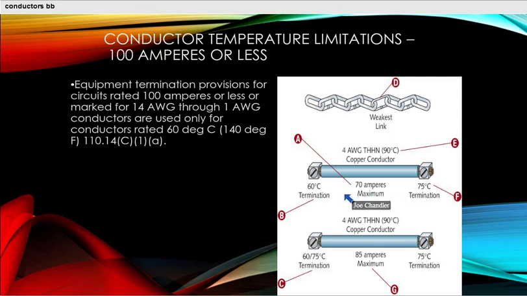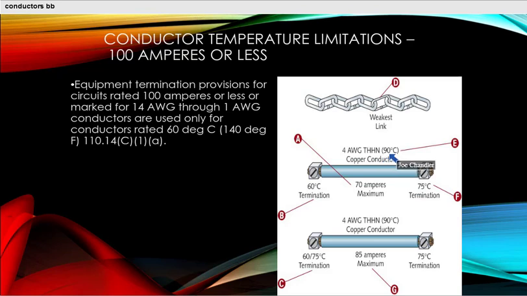So let's look at this example. We see a 60 degree C termination here, a 75 degree C termination here, and I have a 90 degree C wire. Can I just take this wire at its value from the 90 degree C column and say I'm going to carry a lot more current than the rating associated with this terminal or this terminal, but my wire is okay in the middle?